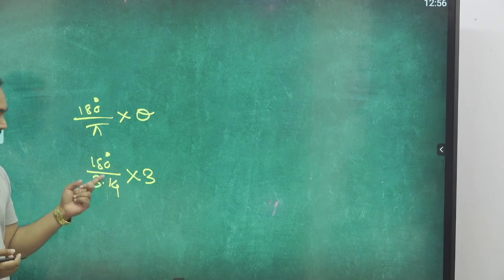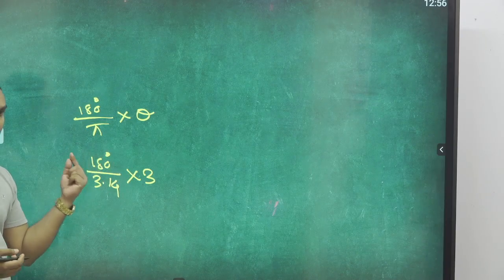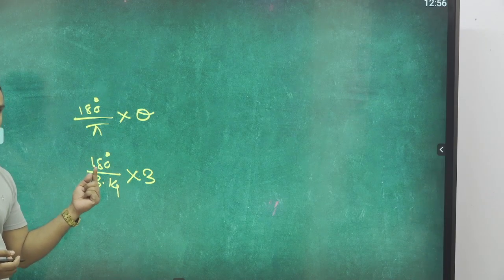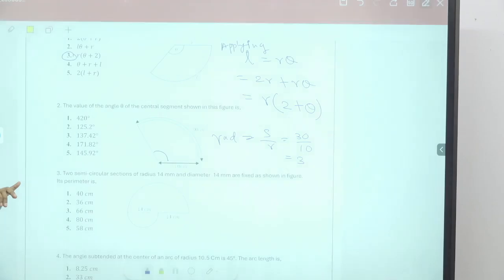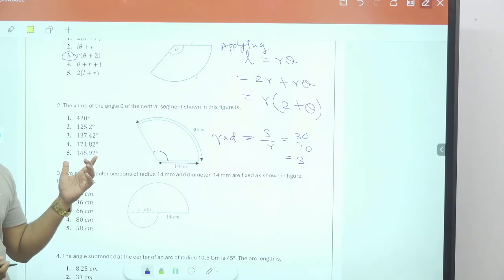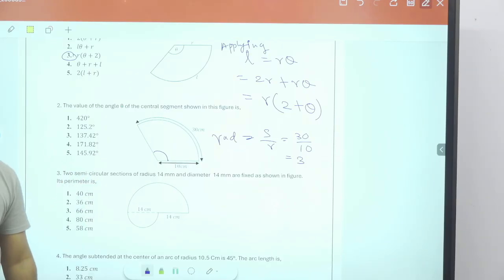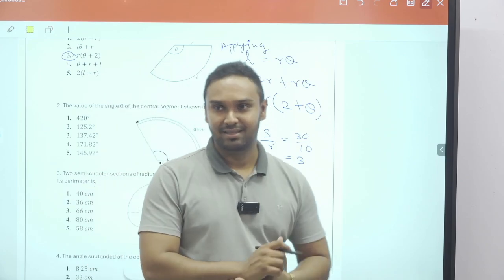Get it? Because 3.14 is 180 degrees. So 3 should be somewhere close to 180 degrees, right? So select the answer which is the closest to 180 degrees. Which is the closest one? Yeah, the fourth one. That is when you assume, you don't do the calculation, you assume it.